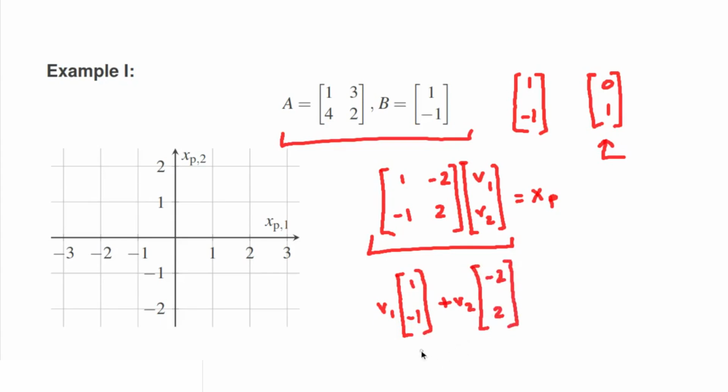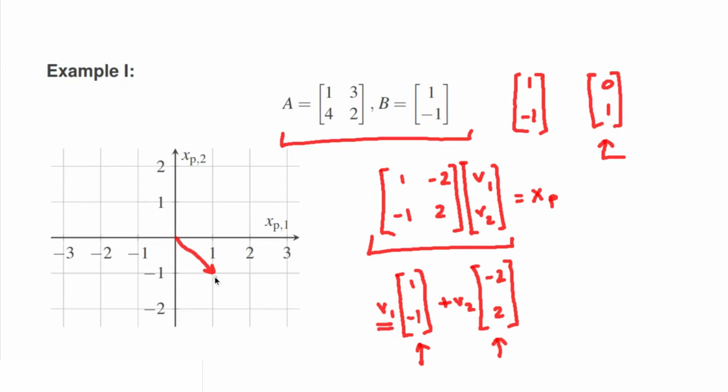To be able to visualize what's going on, let's plot the vectors associated with the two columns on a set of axes. Starting with m1, that's the vector 1, -1. So that's this vector here. Now we see that the effect of choosing different values for v1 will just have the effect of rescaling this vector.